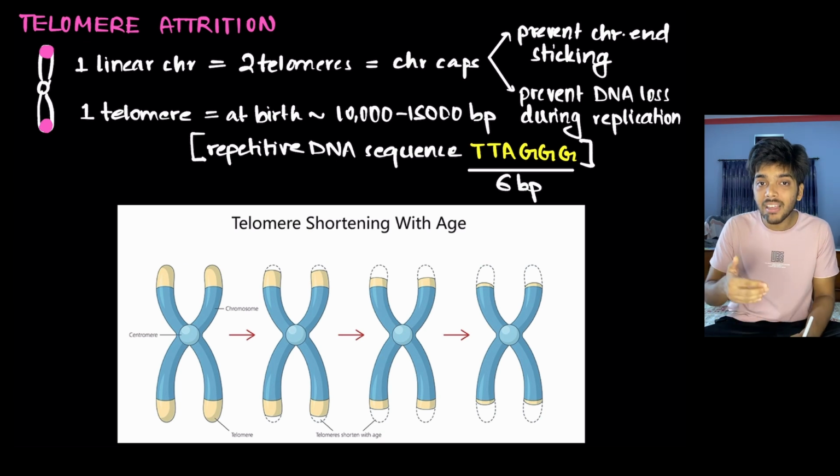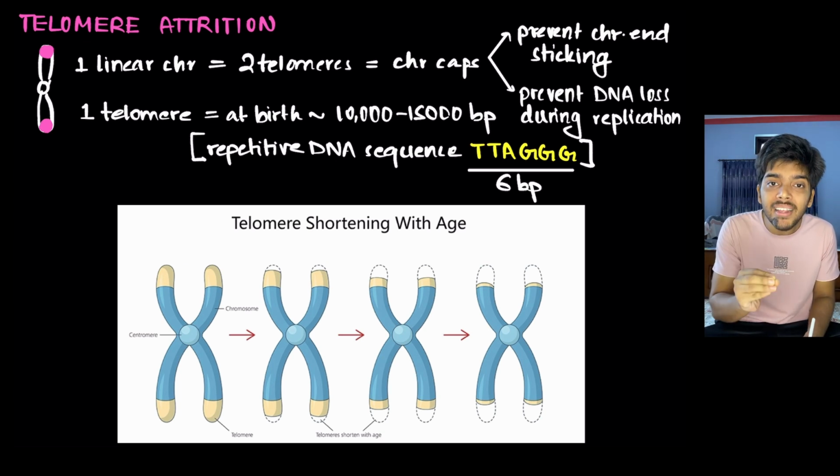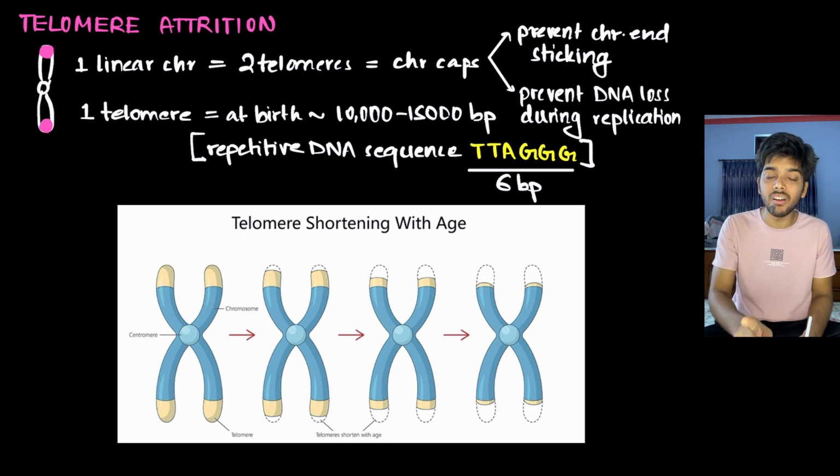As soon as there is loss of this protective cap, the DNA replication gets arrested. The cell does not divide. Now the cell has become old. Cellular aging has occurred, or cellular senescence has occurred.